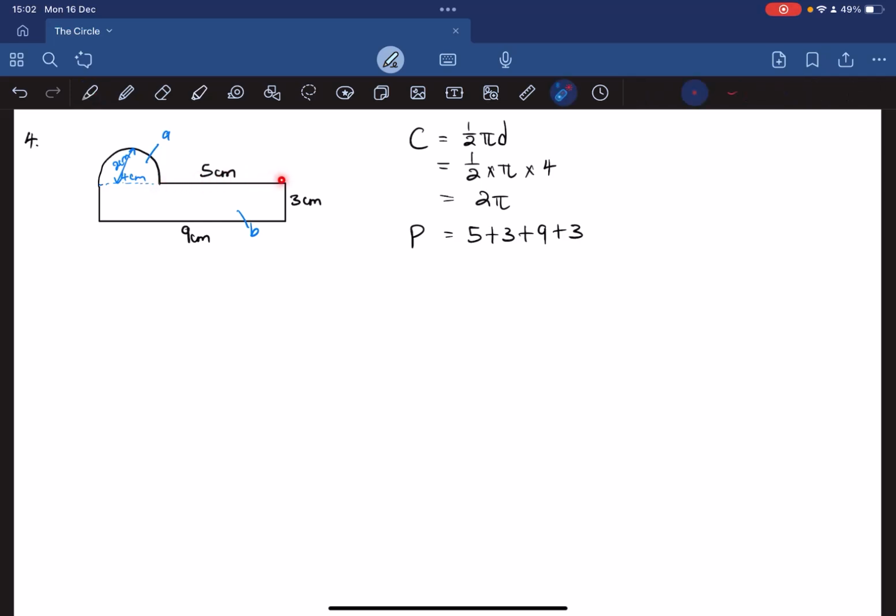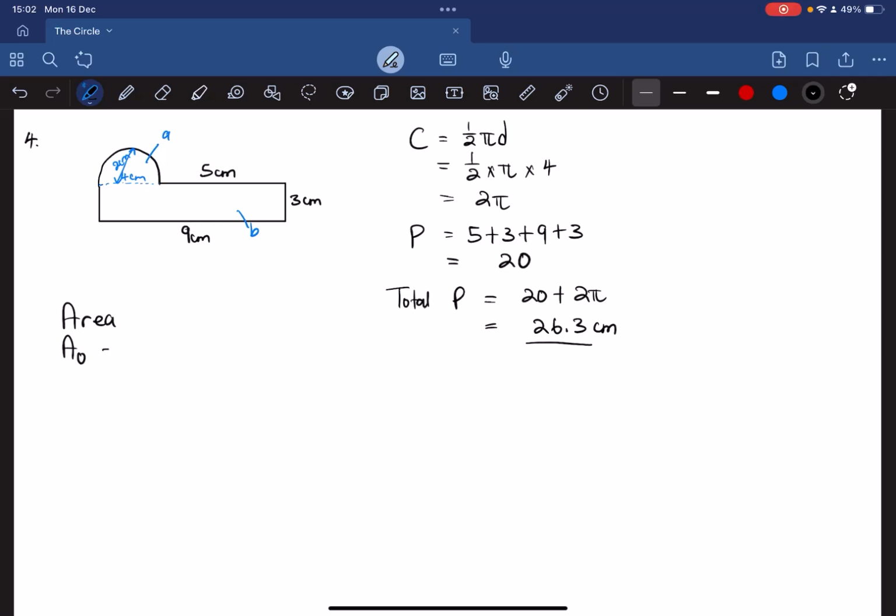Just to show you, it's 5 plus 3 plus 9 plus this 3 right there. And we get 20 as the answer. Hence, the total perimeter of this shape is going to be 20 plus 2 pi, which can be found to be 26.3 centimeters.